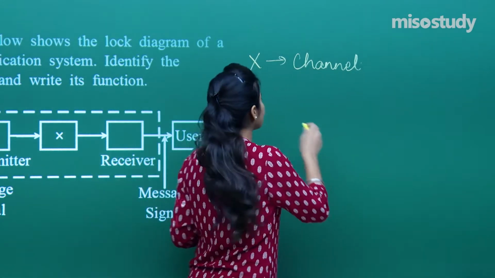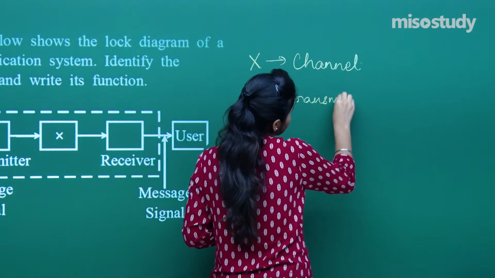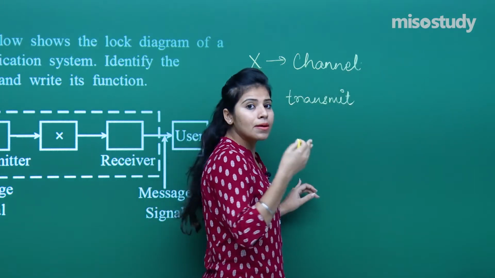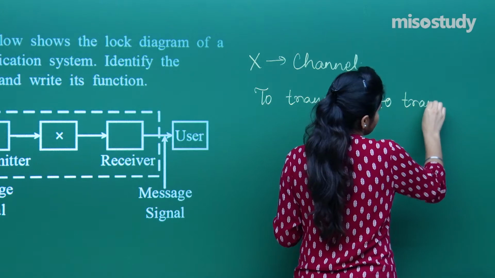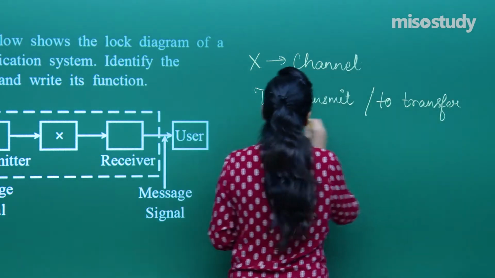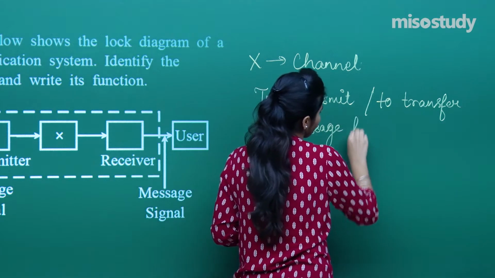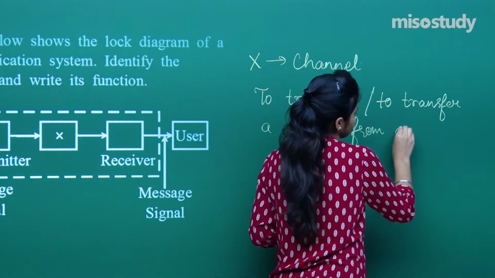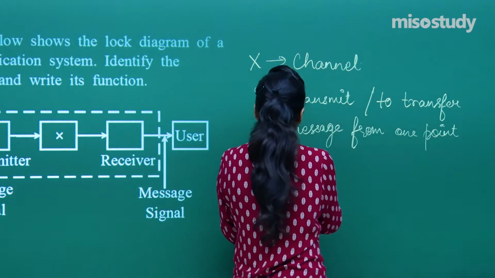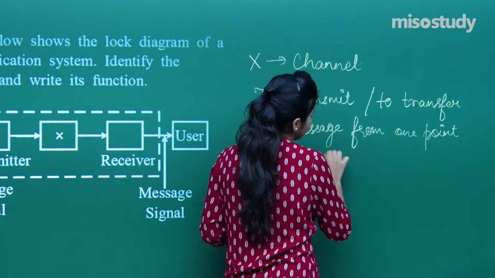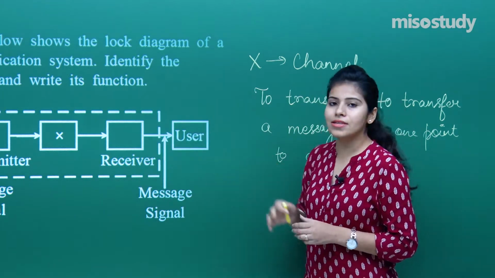The function of the channel is to transmit, or it is a medium to transfer a message from one point to another. Without using the channel, you cannot transfer your message from one place to another. So this is the channel and this is the function.